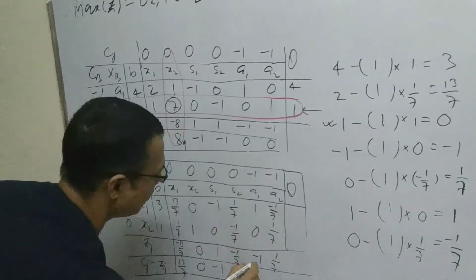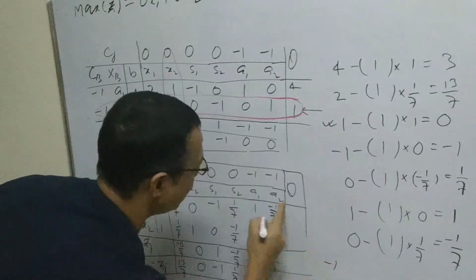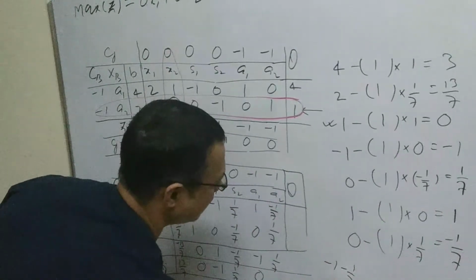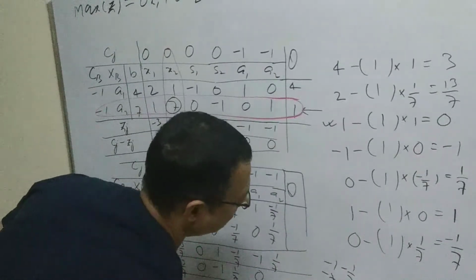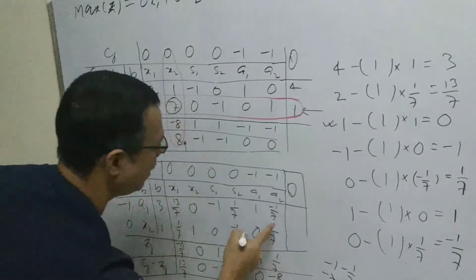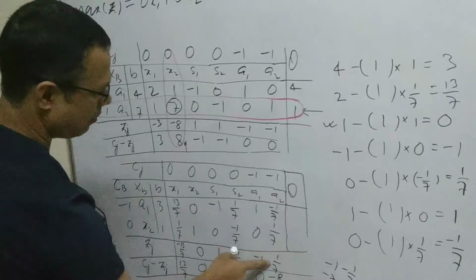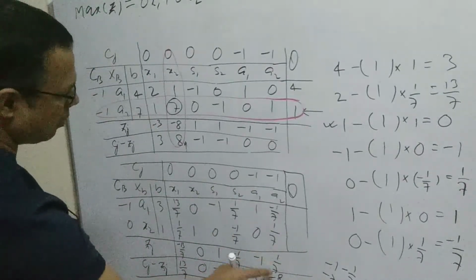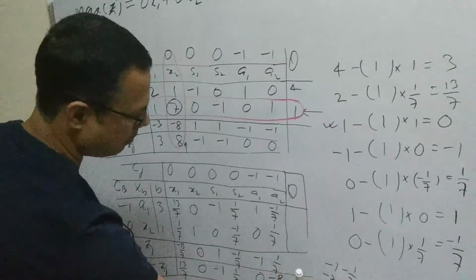Minus 1 minus 1, 0, and minus 1 by 7. Minus 1 minus 1 by 7: if you take 7, minus 1, that is minus 8 by 7. So here we need to write minus 8 by 7. Simply subtract minus 1 minus 1 by 7: 7, minus 7, minus 1, minus 8 by 7.